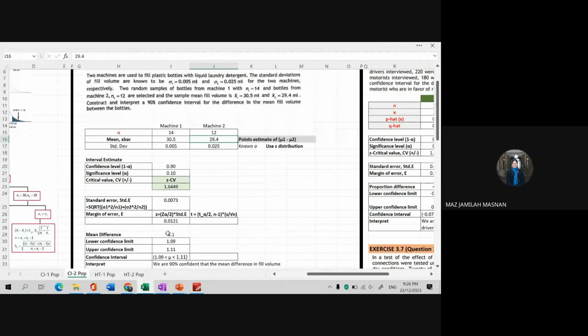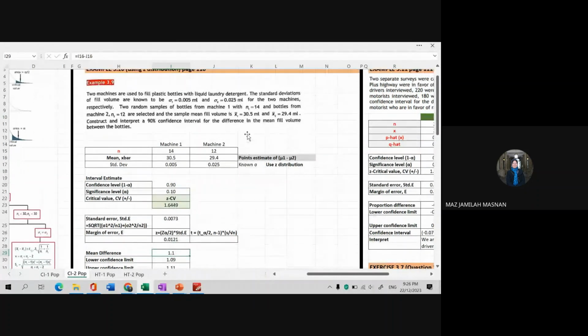The mean difference is the subtraction of 30.5 and 29.4, which gives you 1.1. That will be the point estimate for the difference between the two population means.